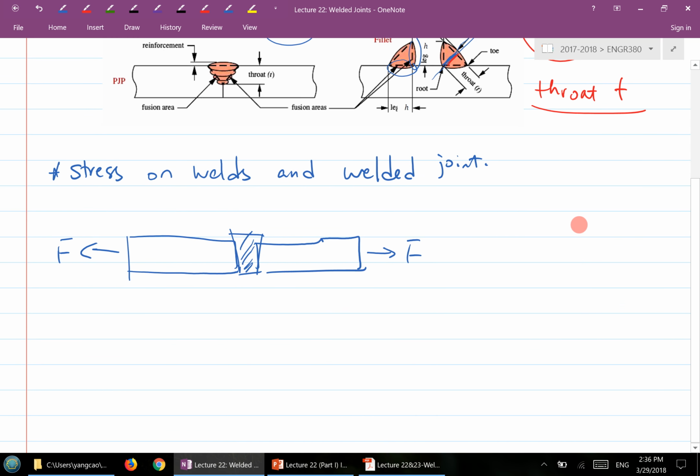Let's call this throat T. Then if the plate has a length L, the cross-section throat area will experience a normal stress, which is F over T times L. That's the normal stress for this type of situation.